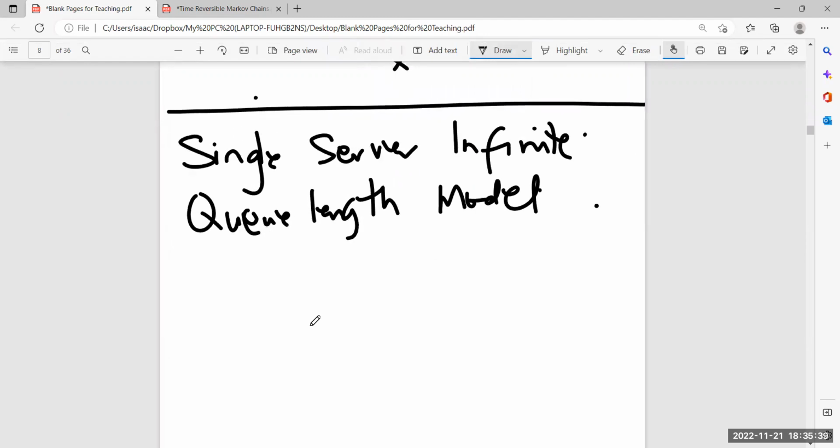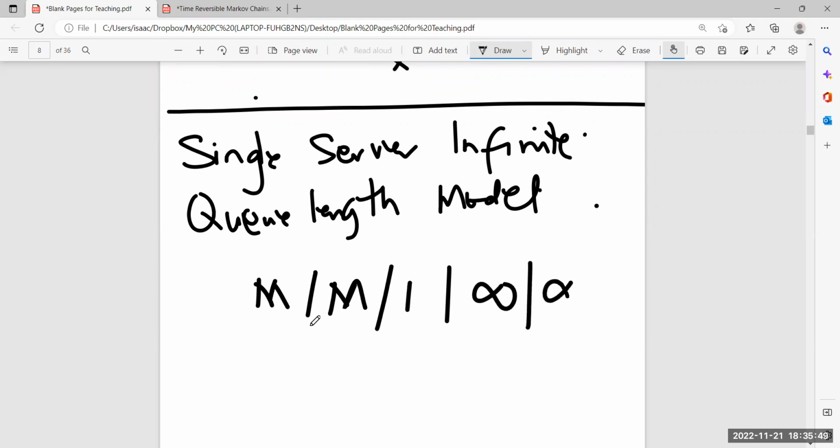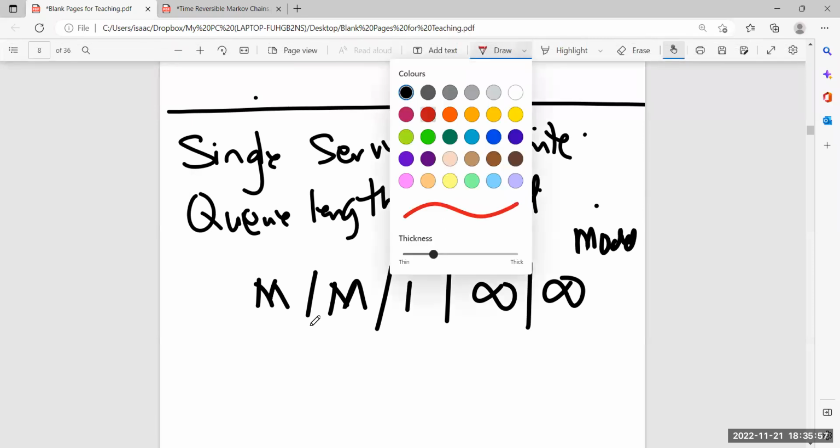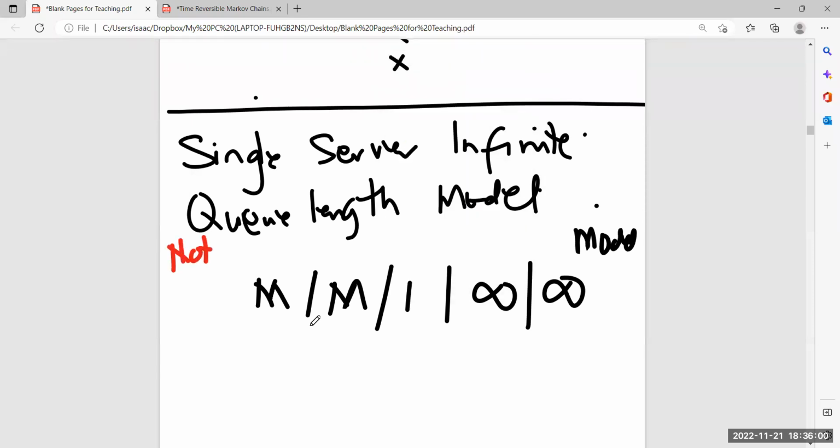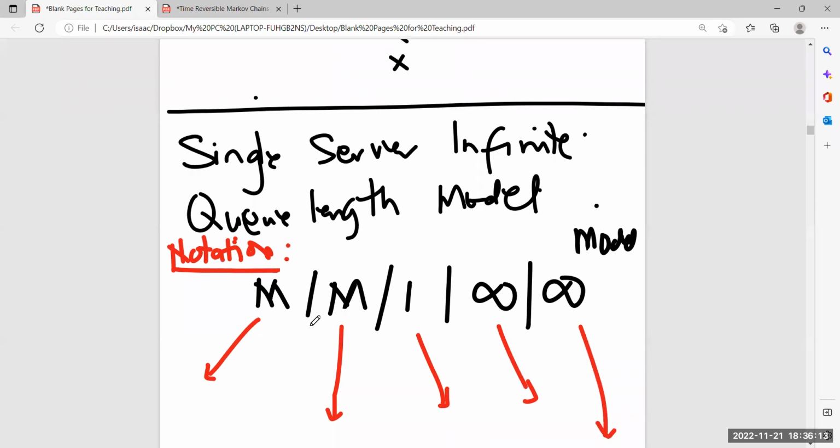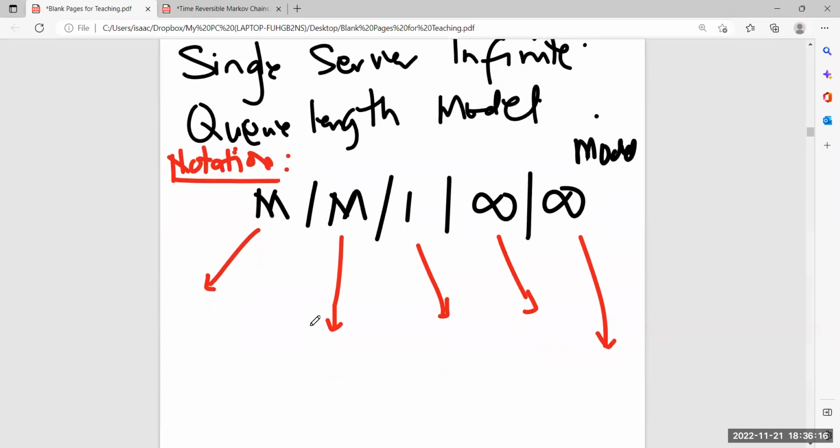And just some notation, we're going to look at it as the M/M/1/infinity/infinity model. So this is the notation that we will use to represent this queue. So I need to explain what these M's and these ones are. The first M tells us the arrival rate.